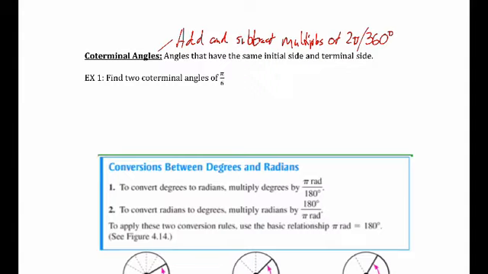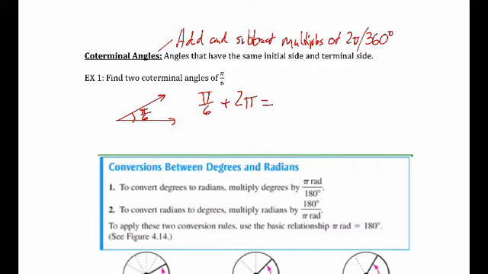So pi over 6, that's just that small little sliver we looked at on the previous page, maybe about yay big. That's not perfect, but the reason we know it's pi over 6 is because we labeled it as pi over 6. To figure out coterminal angles, I'm going to take pi over 6 and add 2 pi to it. Since we're already in radians, let's just keep it in radians.